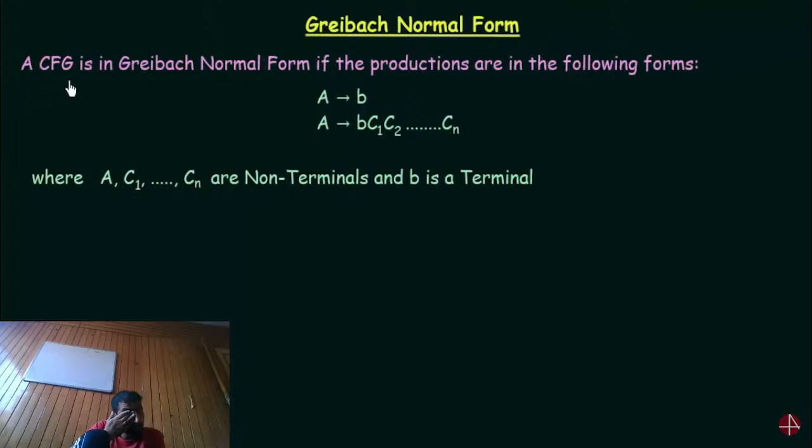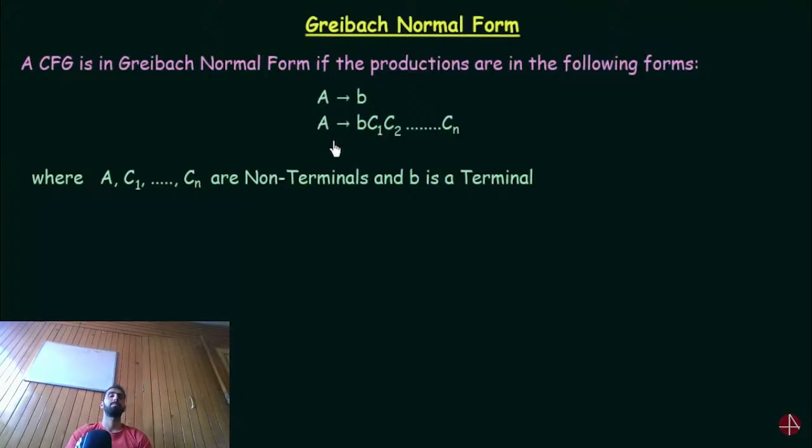A context-free grammar is in Greibach normal form if the productions are in the following forms: A gives B, or A gives B C1 C2 up till Cn, where A, C1 till Cn are non-terminals and B is a terminal symbol. So if you have a production of this form where A, which is a non-terminal symbol, gives B, which is a terminal symbol, this is in Greibach normal form.